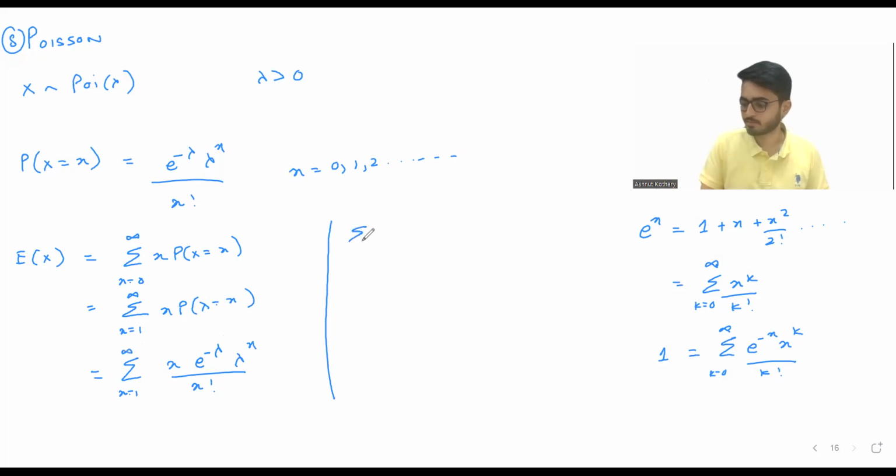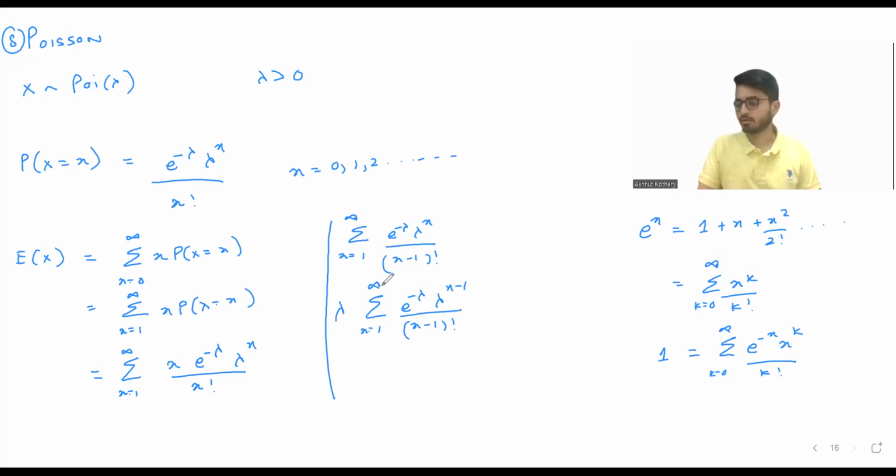Can I write this as summation x running from 1 to infinite, e to the power minus lambda, lambda to the power x by x minus 1 factorial, if I take a lambda outside? That is e to the power minus lambda, lambda to the power x minus 1 by x minus 1 factorial, x running from 1 to infinite, which I can write as lambda summation y running from 0 to infinite, e to the power minus lambda, lambda to the power y by y factorial.